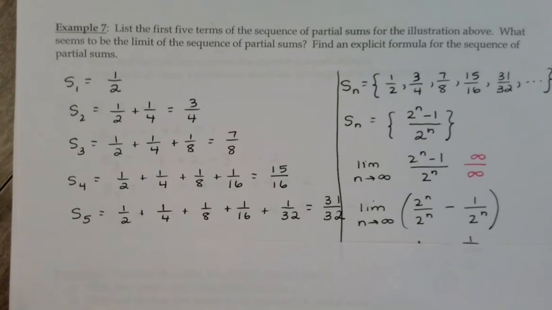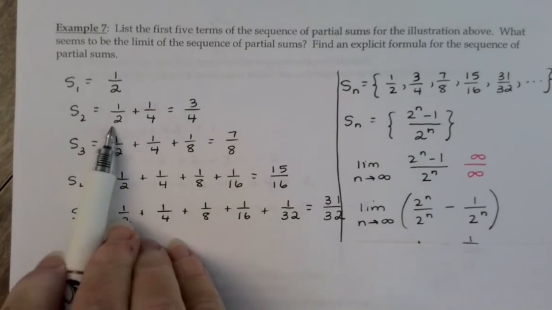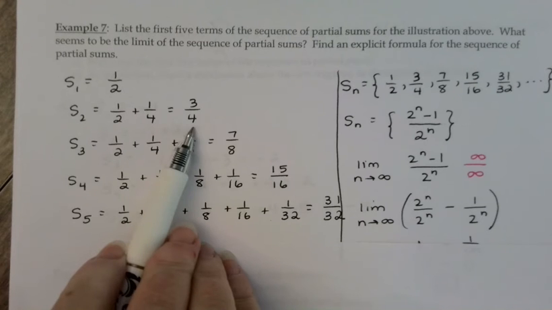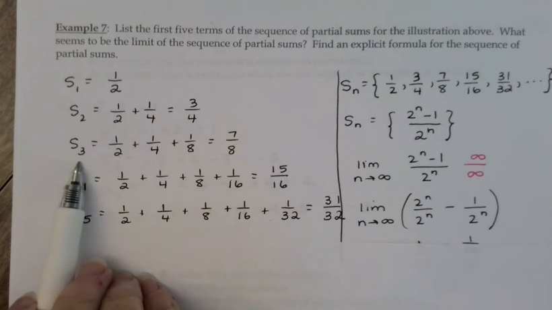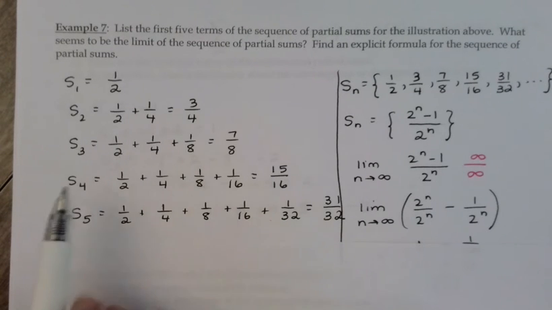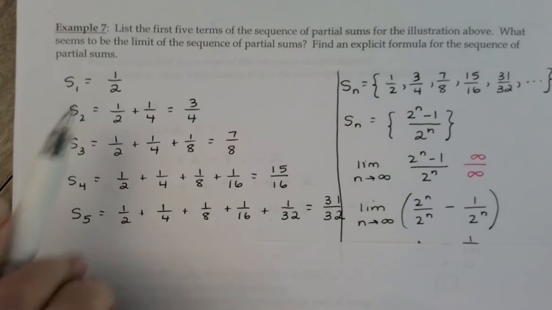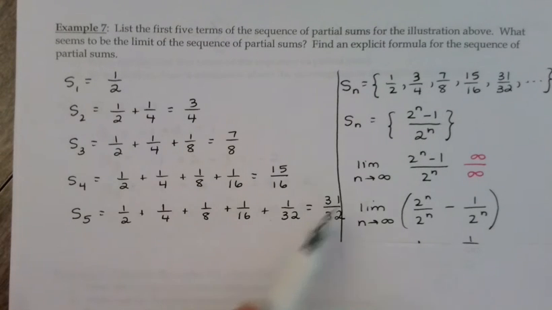And either just in your head or with a calculator, of course, you can easily add up those fractions. The second partial sum adds up to 3/4. The third one to 7/8. The fourth sum adds to 15/16. And the fifth sum to 31/32. So if I'm going to form my sequence of partial sums, I'm just taking all those sums and putting them in a list or sequence.